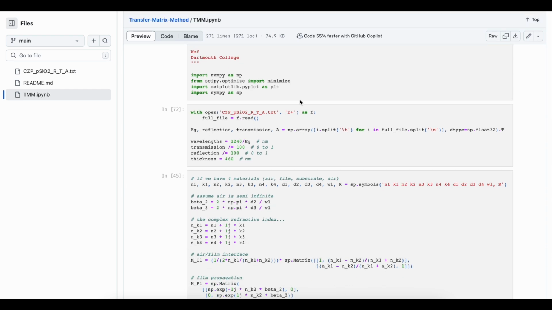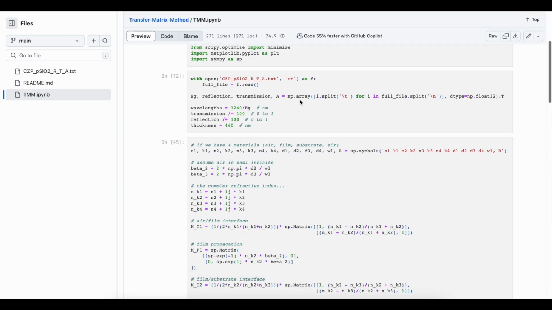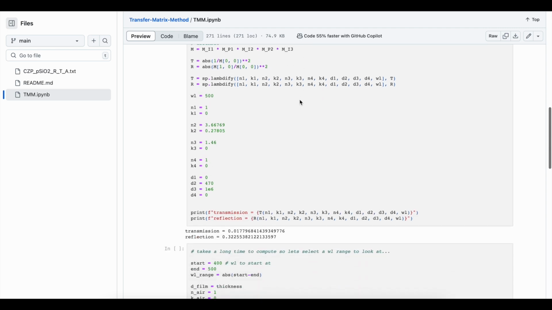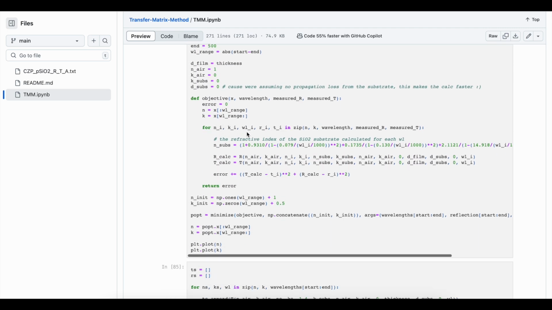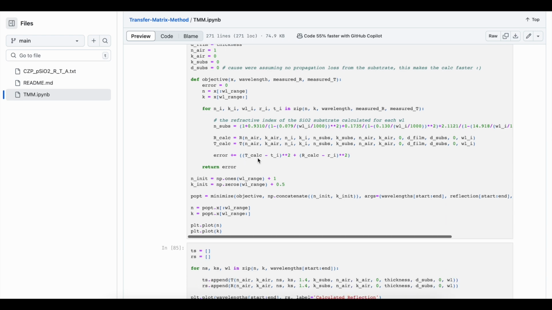So we're using minimize from SciPy optimize, which I think is the bare bones version. We're solving for n and k, which is the real and imaginary part of the refractive index, where k is the attenuation coefficient.